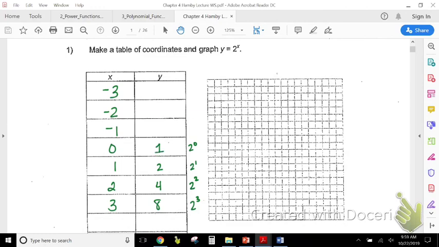Remember, with a 0 exponent, the answer is always going to be 1. Now, then we have 2 to the -1. What does that negative exponent make happen? If you have a negative exponent, you send this to the bottom, and now you have a fraction.